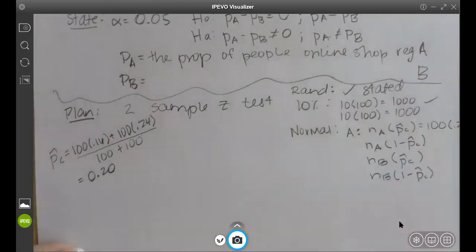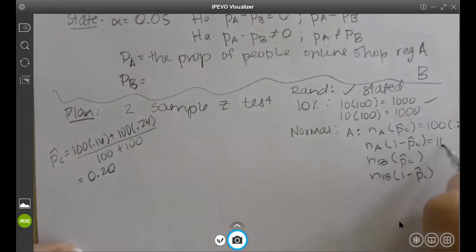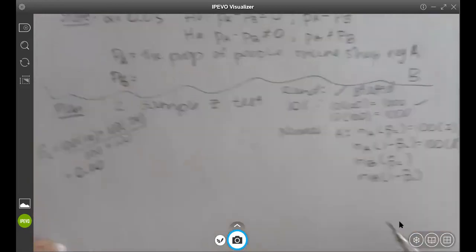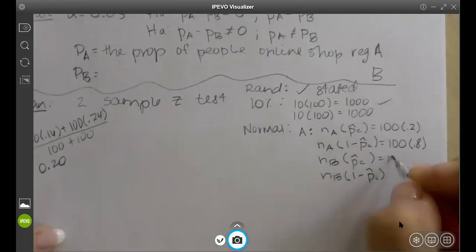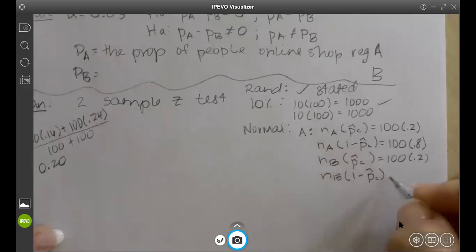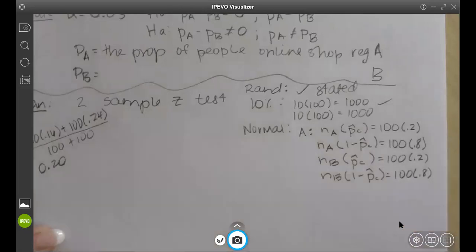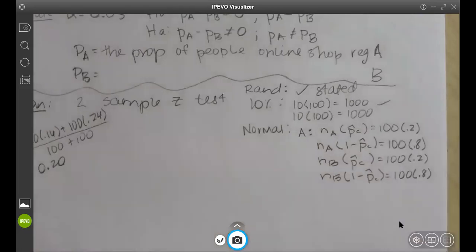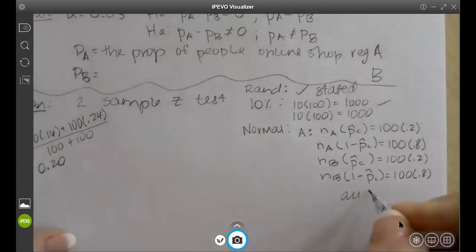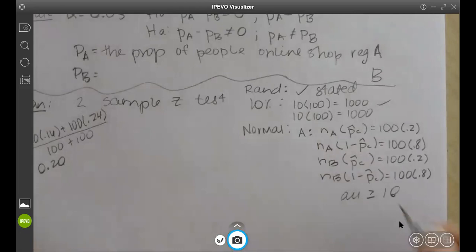So the first one would be 100 times 0.2, 100 times 0.8. This one would also be 100 times 0.2 because both sample sizes were 100. And then we know it's normal because they're all greater than or equal to 10, because it's 20, 80, 20, 80.